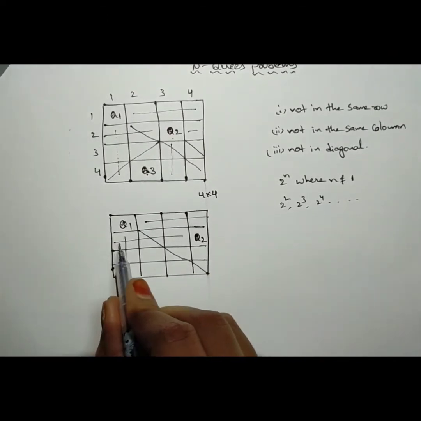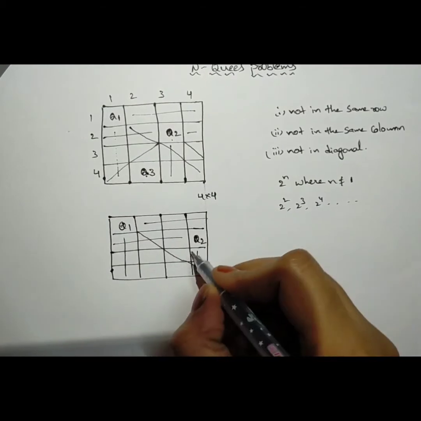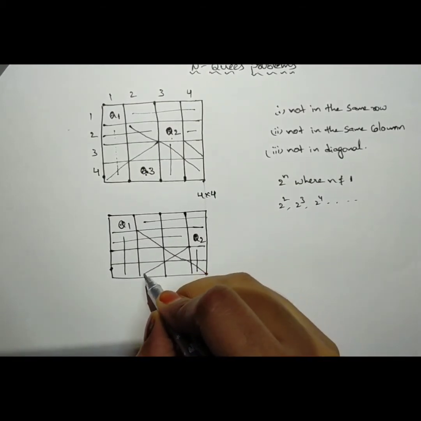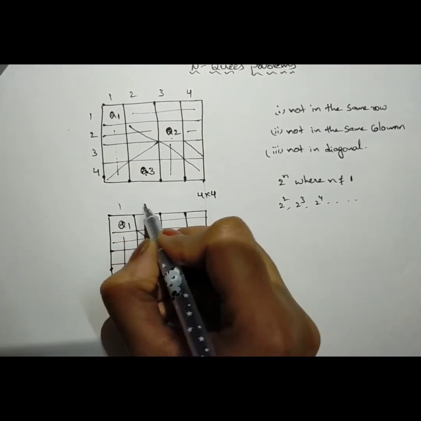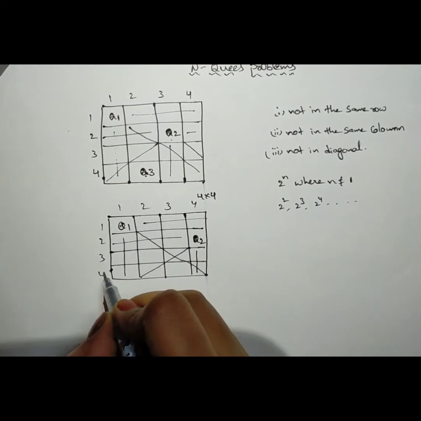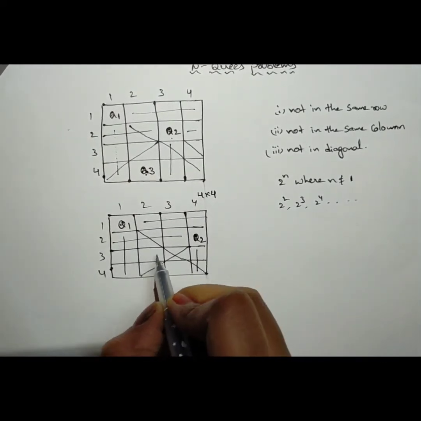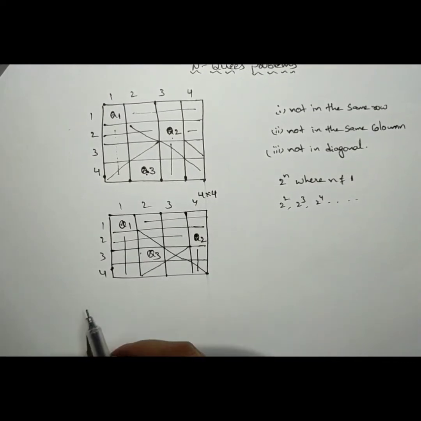There is no possibility of placing Q3 here. And here also we cannot place Q3. Here also we cannot place Q3. Okay. There is a possibility of placing Q3 here. So I have placed Q3 in this position.